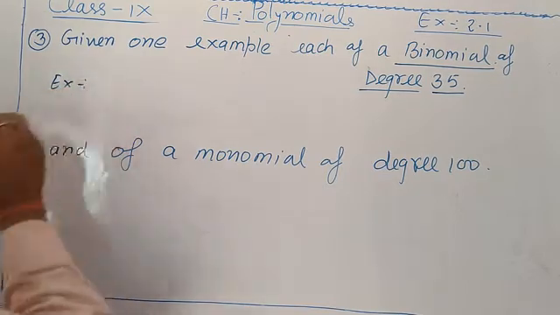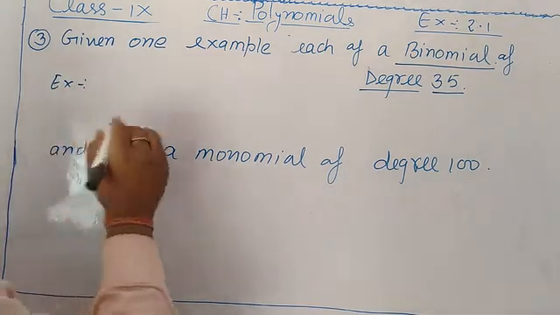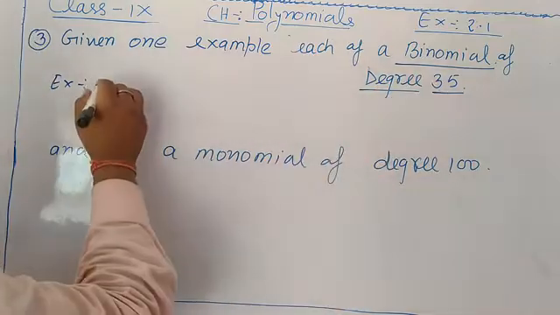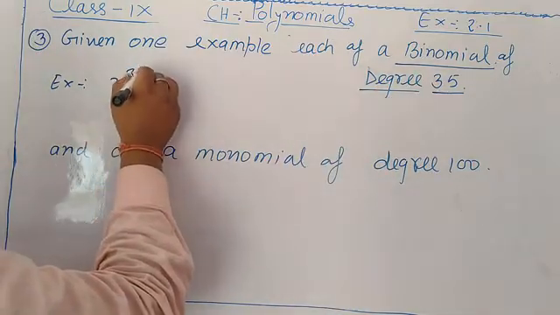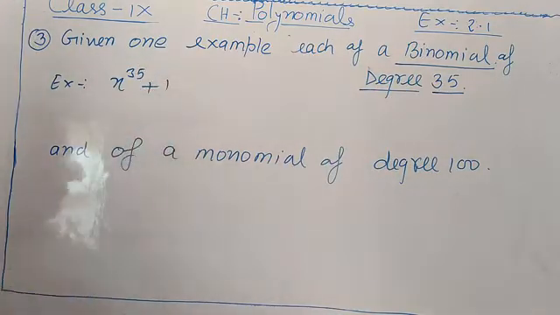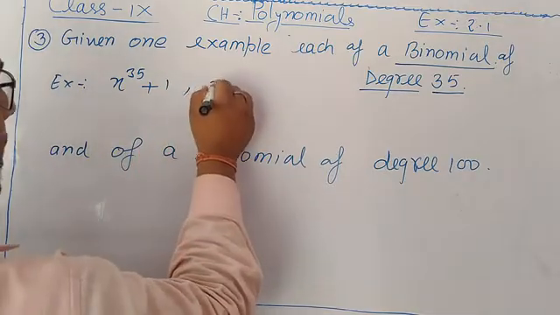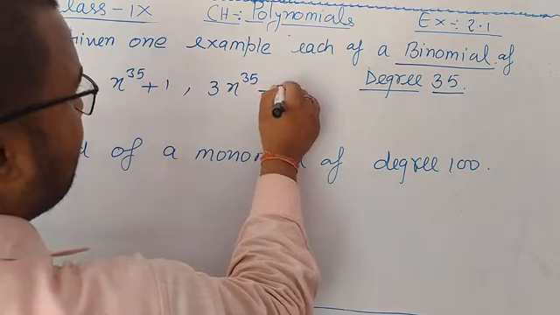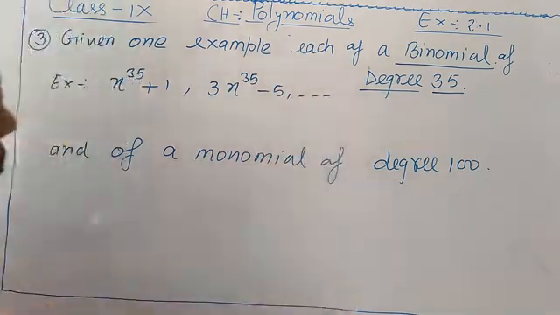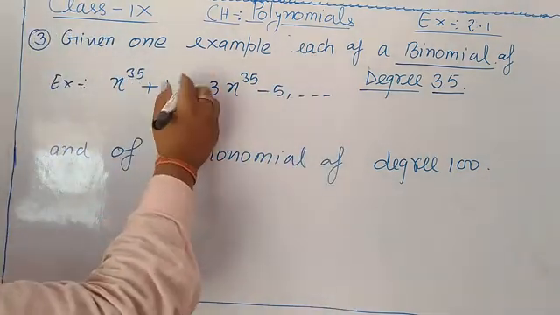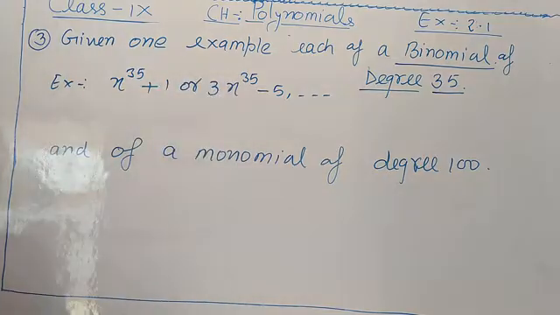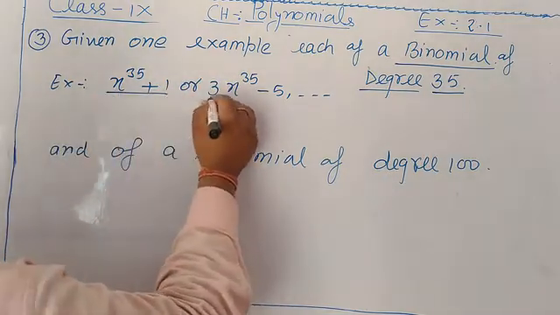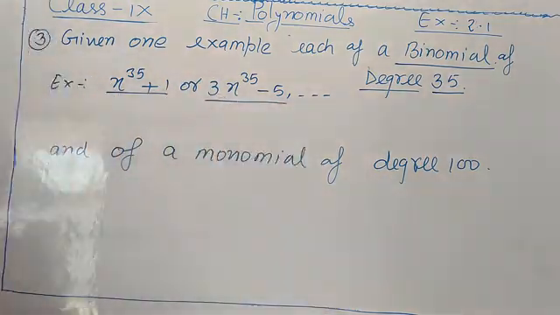Suppose the degree is 35: x to the power 35 plus 1, or 3x to the power 35 minus 5 is also one. Okay student, both are binomials.